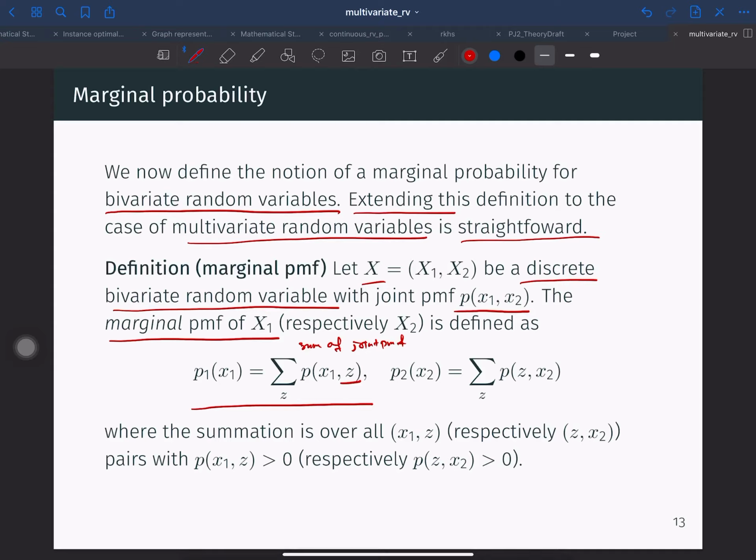Similarly, the marginal for x2 is the sum of the joint PMF with respect to the first argument. In both cases, we have to be a little bit careful and just sum over the pairs for which the PMF is positive, once again avoiding summation of uncountable things.